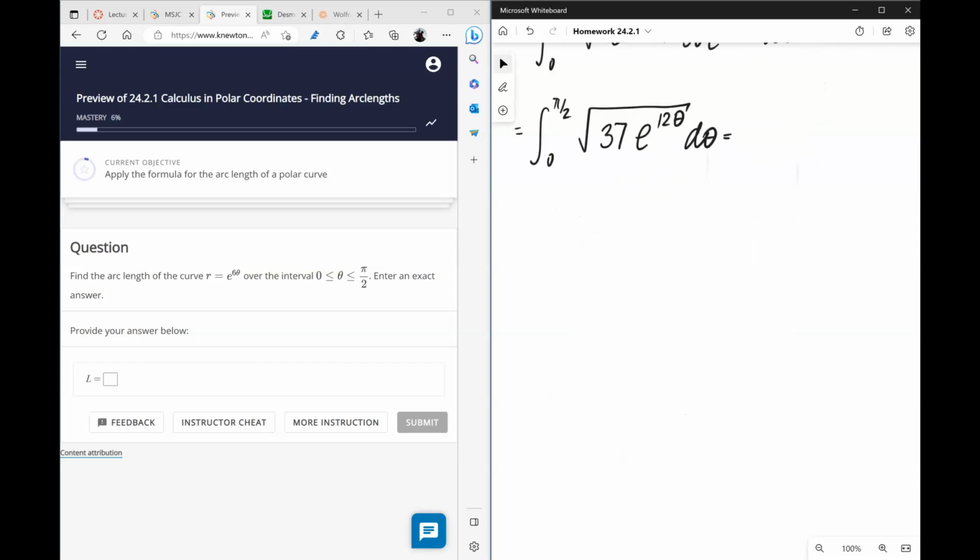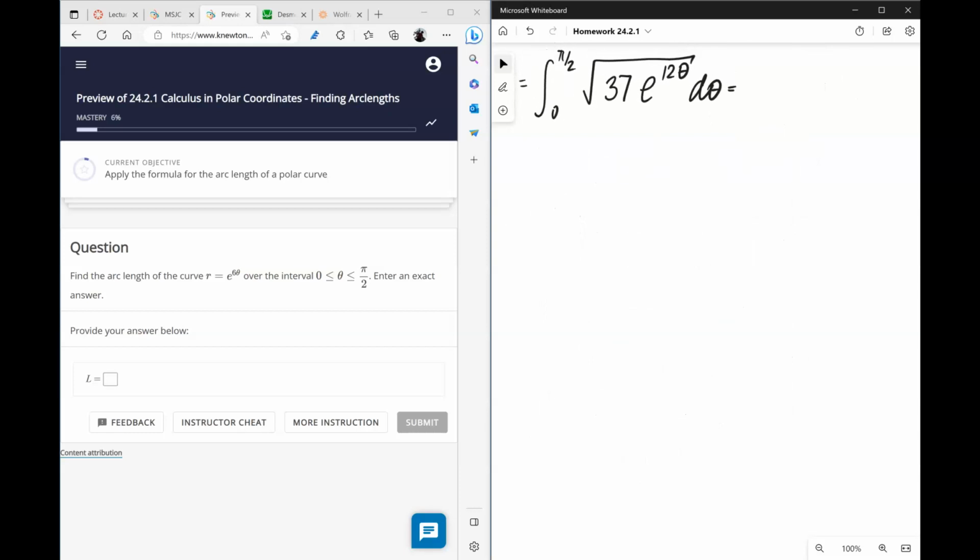We can simplify this, so it becomes the square root of 37 times the square root of e to the power 12 theta. Now, the square root of 37 is just a constant, and e to the power 12 theta inside of the square root becomes e to the power 6 theta.